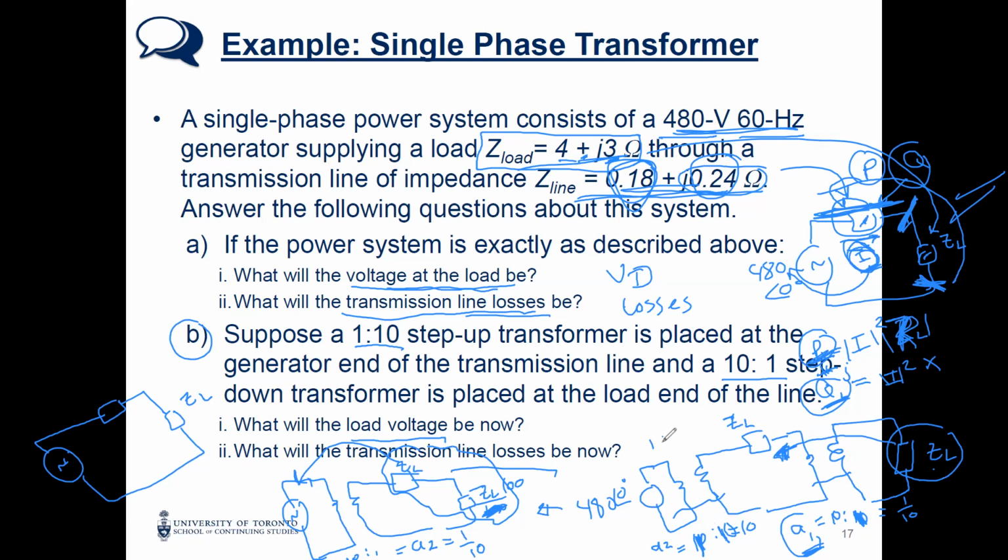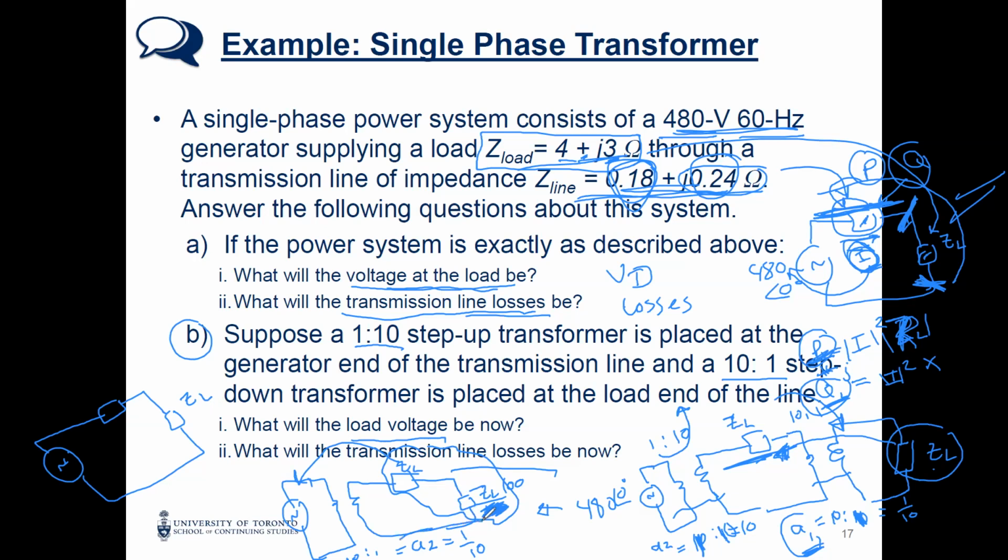This one, 1 over 10, because in the transmission line, in the generator, you step up, you increase your voltage. Here, 10 to 1, because at the load, you step down, you go down to the voltage. In the transmission, this is the largest. Okay. Sorry, this one is the ZL times 100. Then when you go to this one, it will be ZL.